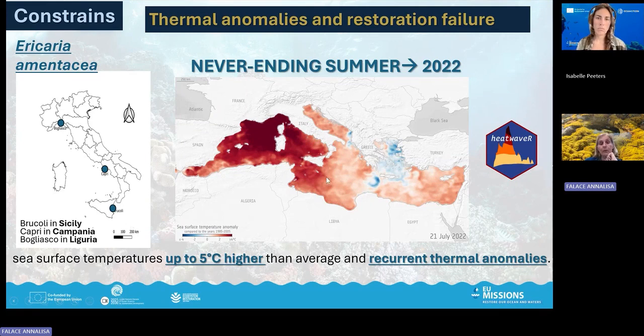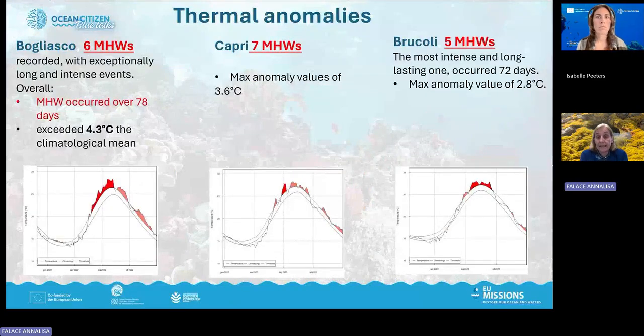In the Mediterranean, we had sea surface temperatures up to 5 degrees higher than average, and recurrent thermal anomalies. This is the number of marine heat waves that we had during the fertile period of these species. This is the fertility of the species without a thermal anomaly period problem.